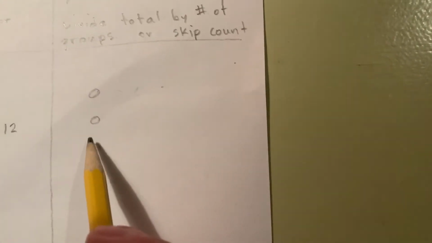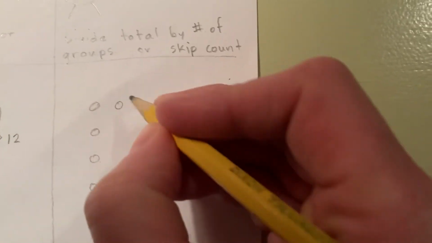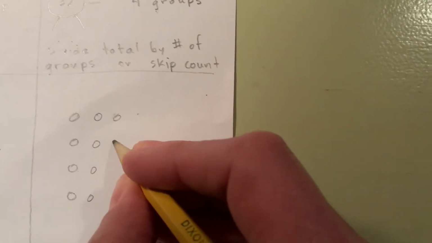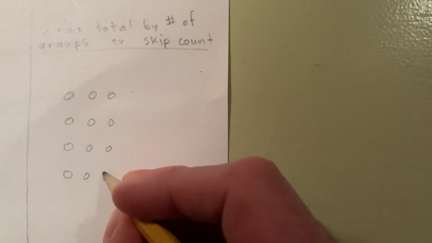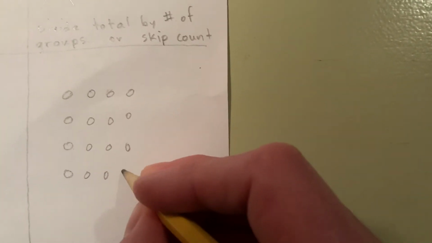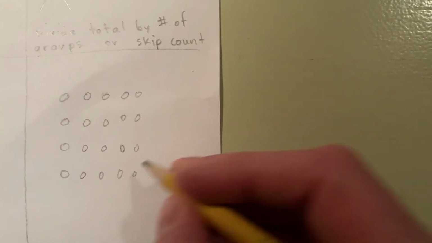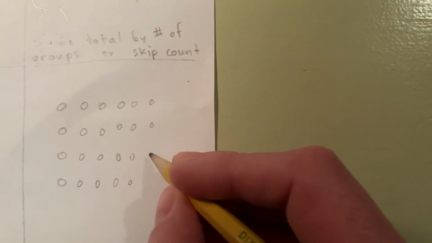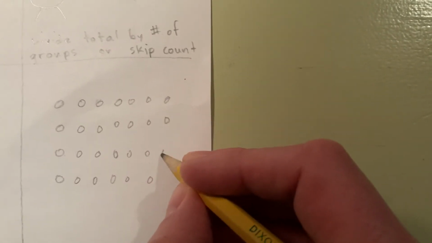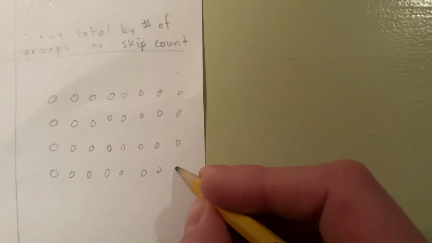I've got 1, 2, 3, 4, and I'm just going to distribute until I get to 32. 5, 6, 7, 8, and so on, up through 29, 30, 31, 32.